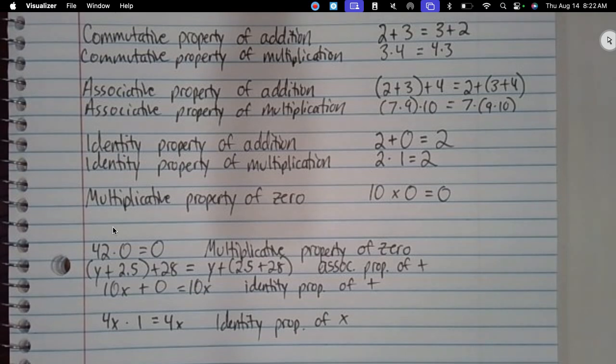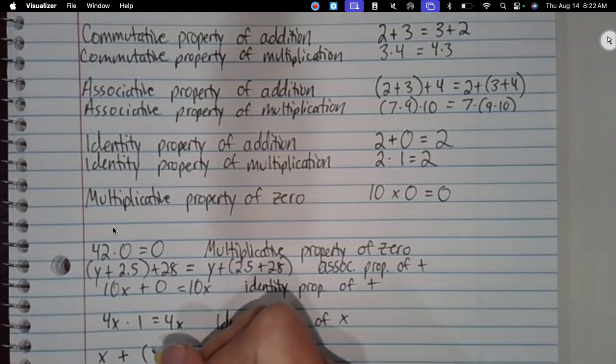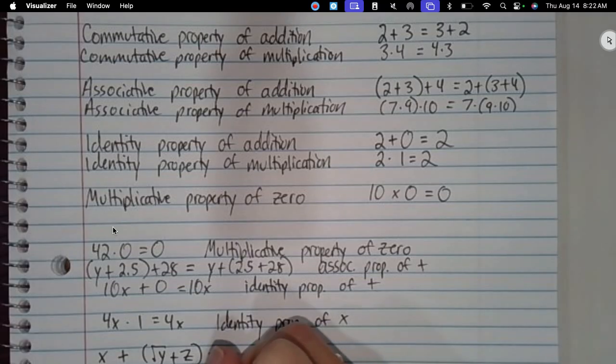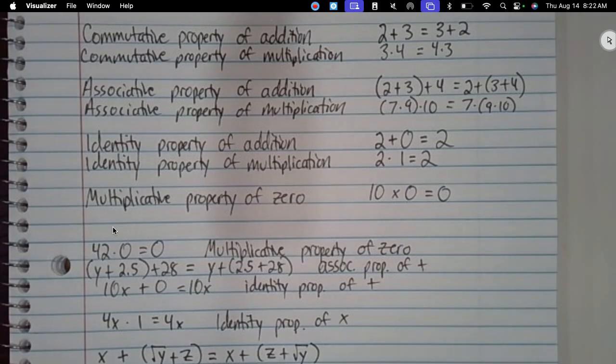Let's do this one. Might be a little confusing. x plus the square root of y plus z equals x plus z plus the square root of y. My parentheses did not move.